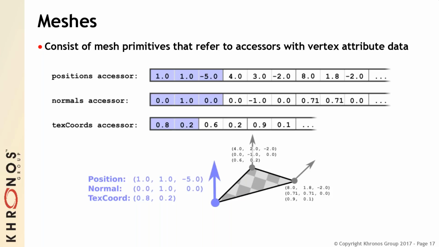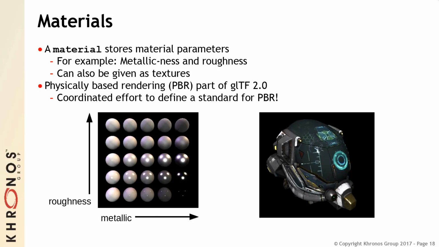More complex topic now, materials. Each mesh primitive can refer to a material which defines how the respective mesh primitive should be rendered. The material itself only stores a basic set of parameters, and there are different possible parameter sets.